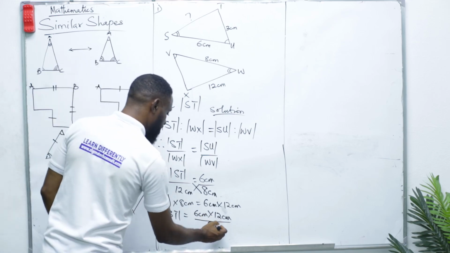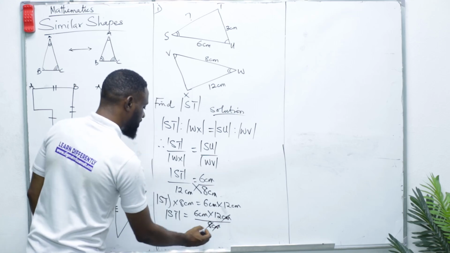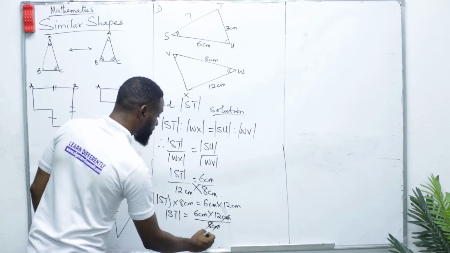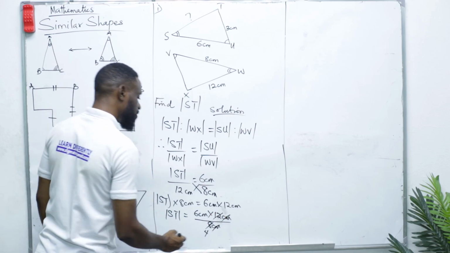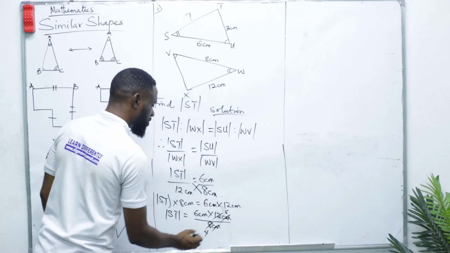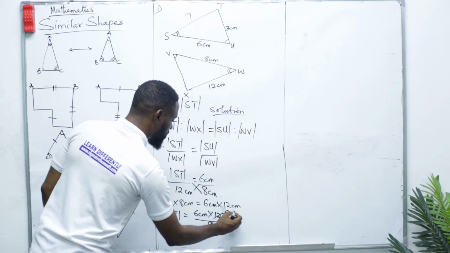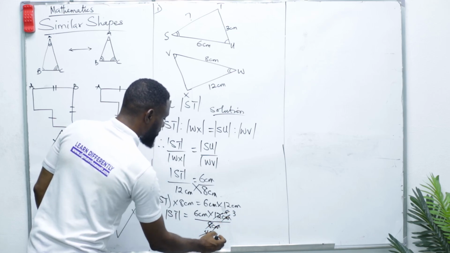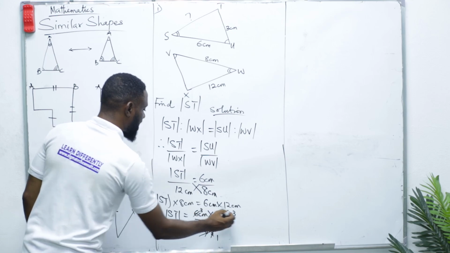So we remove the cm. 2 into 8 is 4, 2 into 12 is 6. 2 into 4 is 2, 2 into 6 is 3. 2 into 2 is 1, 2 into 6 is 3. 3 times 3 is 9.